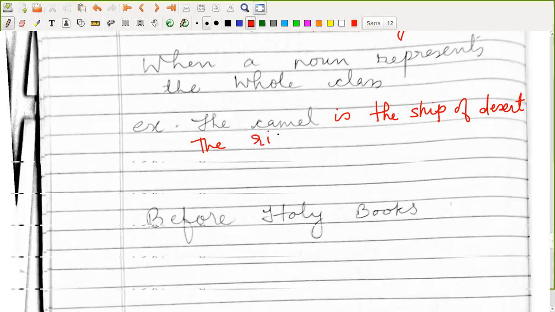The rich are happy. So here the rich represents all the rich people. The rose smells sweet. Rose represents all the roses. It is the quality of all the roses that it has a sweet fragrance.